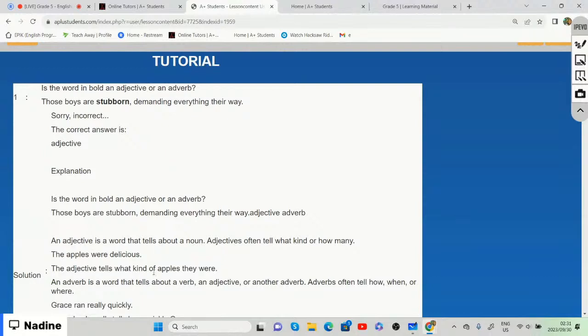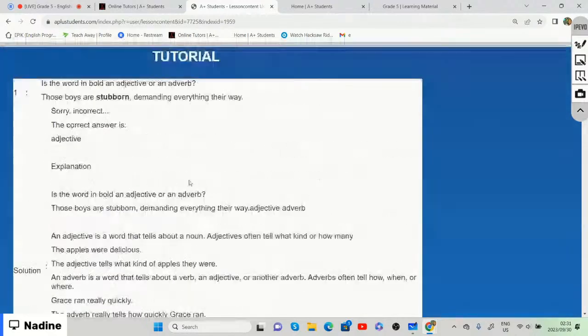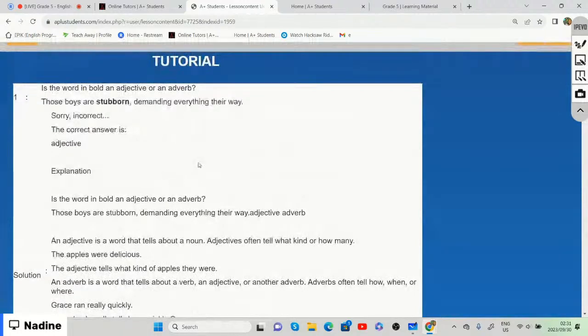All right. So now if we look at our specific word, stubborn, right? It basically describes the boys, because it describes how the boys are. So if they are stubborn, then it means that this is an adjective.